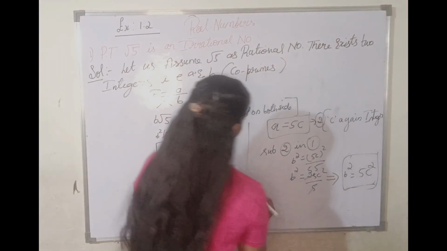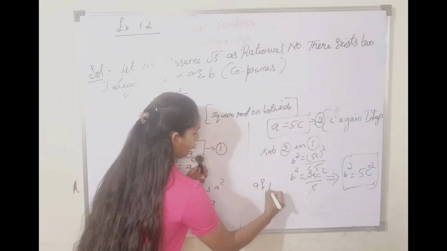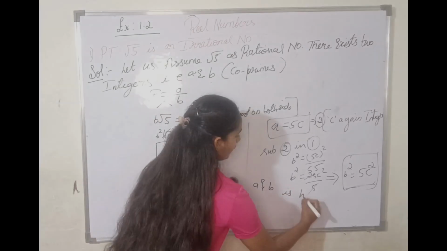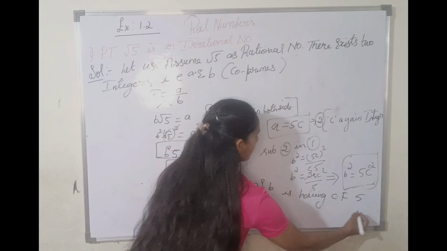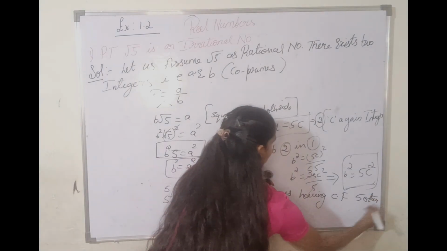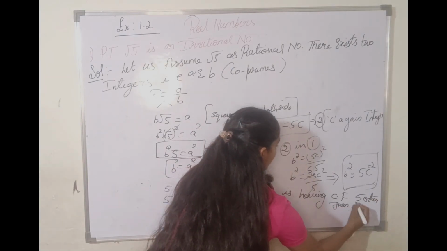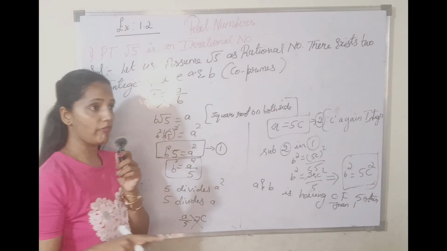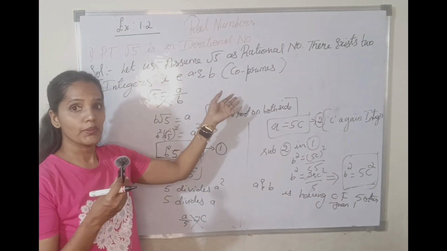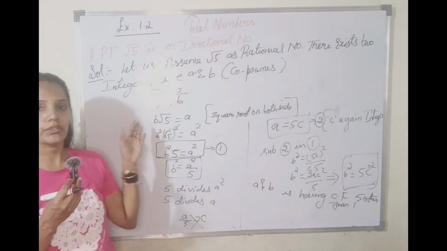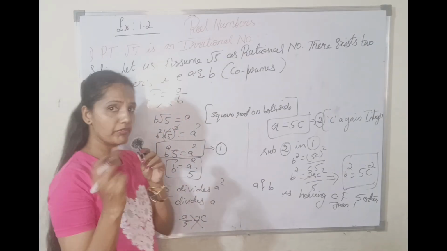That means a and b have a common factor 5 other than 1. But they should not have 5, correct? It should be 1 if they are co-primes, correct? Therefore our assumption is wrong. That is what we needed to prove.